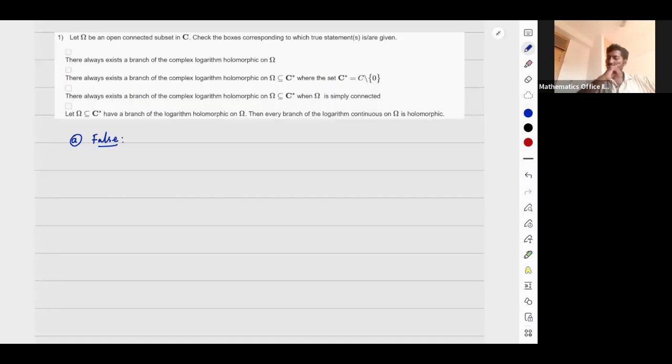We can write the reason: C minus 0 is open and connected, but there does not exist any branch of the logarithm.